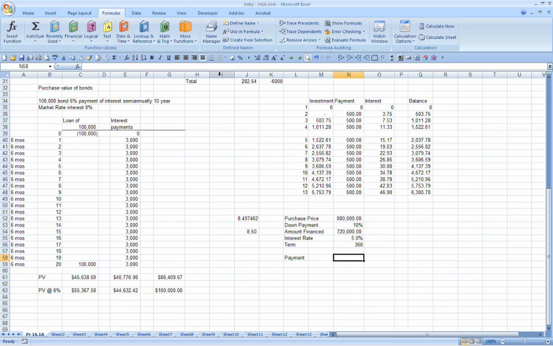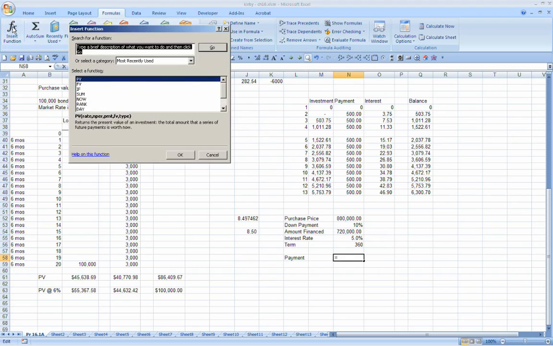There is a function for that. If you spell it right, you can do a search for payment on a loan, and it comes up with PMT, calculates the payment for a loan based on constant payments and a constant, not changing interest rate.